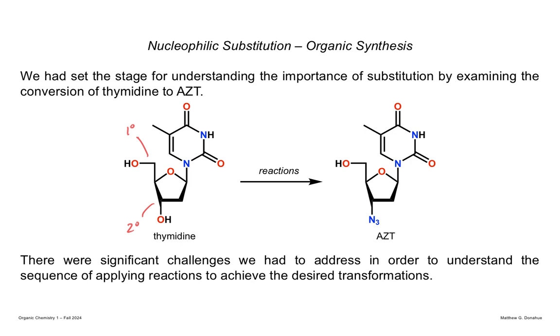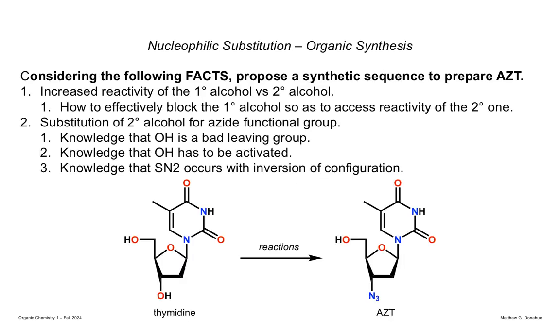So we have to consider that before we even get to substituting at the secondary center. So with everything we've learned so far, these are the challenges that we have to address. There's increased reactivity at the primary alcohol over the secondary. So how do we block the primary so that we only work at the secondary alcohol?